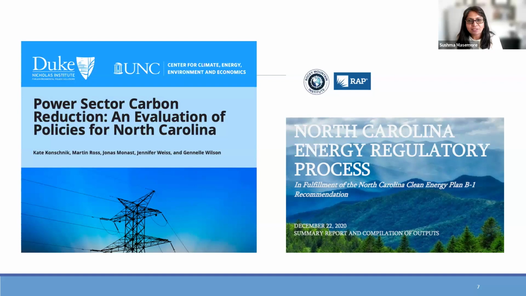I won't get into the details of that, but this took almost a year to evaluate what those pathways could look like. Another thing I'll say is this was also a stakeholder process. The utility that we rely on, Duke Energy, often in their IRP planning would produce supporting material and information that was not well understood by the community, the public, and sometimes even the experts.